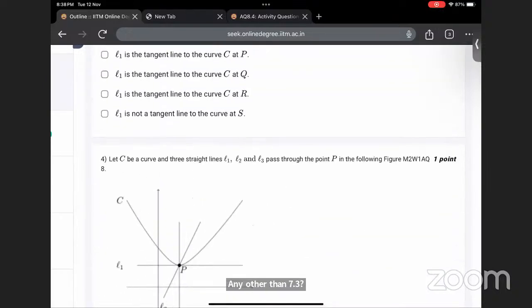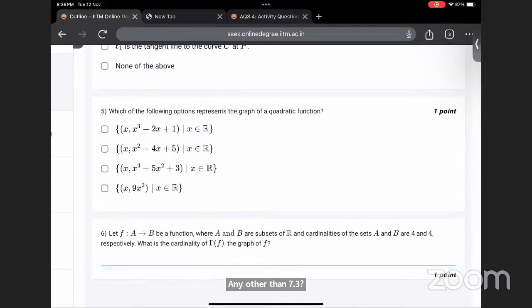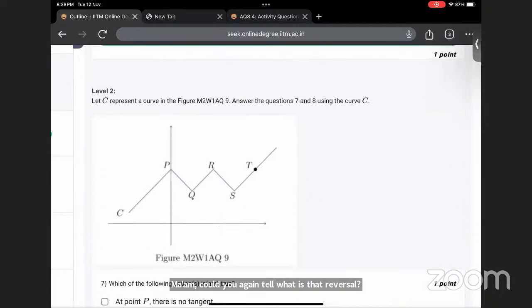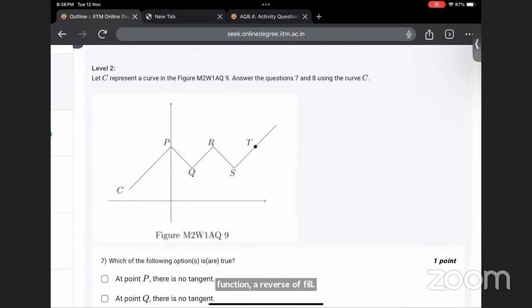Ma'am, could you again tell what is that reverse function? Reverse of L of F is written somewhere. Can you repeat? It is not reverse. That's the graph. The last question has some reverse symbol.